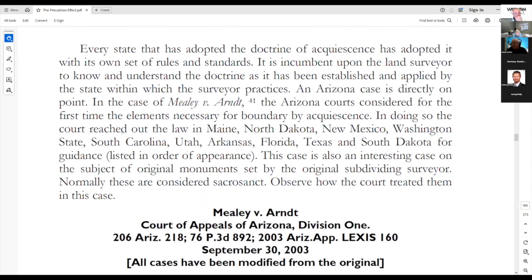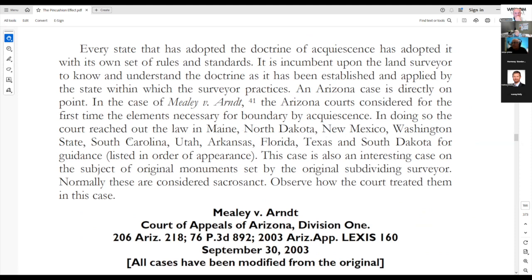Every state that has adopted the doctrine of acquiescence has adopted it with its own set of rules and standards. It is incumbent upon the land surveyor to know and understand the doctrines as they have been established and applied by the state within which the surveyor practices. An Arizona case is directly on point. In the case of Mealy versus Arndt, the Arizona courts considered for the first time the elements necessary for boundary by acquiescence.